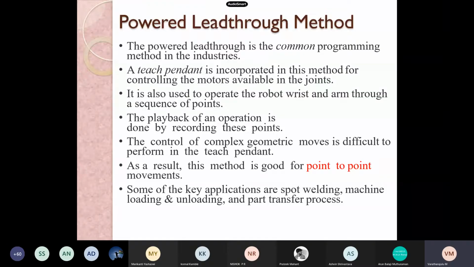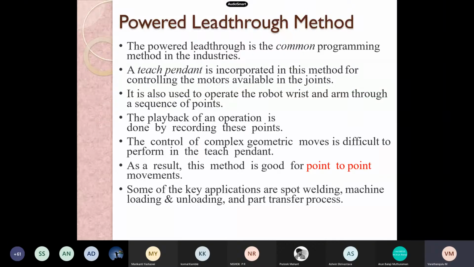The sequence of movements on the teach pendant is recorded and recollected to perform the playback. The teach pendant is usually a small handheld control box with a combination of toggle switches, dials and buttons to regulate the robot's physical movement and programming capabilities.